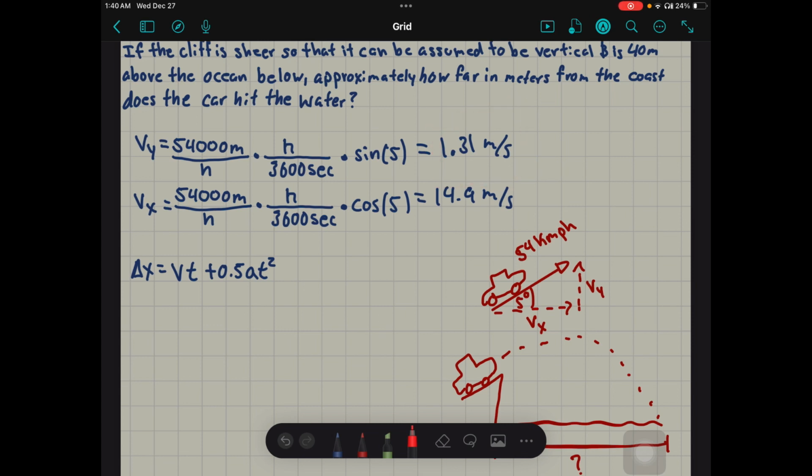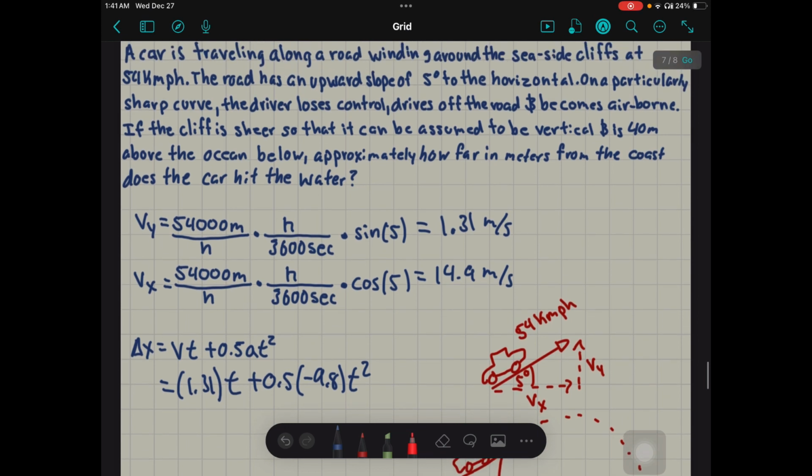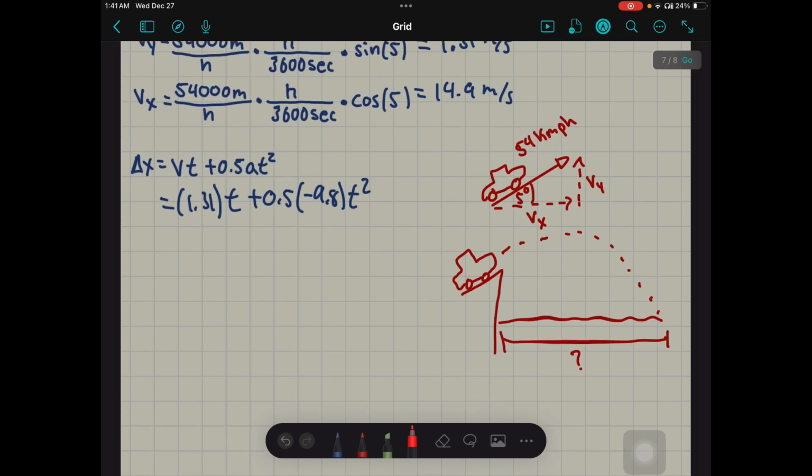I'm going to go ahead and set this equation up. 1.31 t plus 0.5 times negative 9.8 t squared. Our negative 9.8 is gravity because that's the only acceleration in the y direction. And we can set that equal to our initial distance of 40 meters because he's starting at 40 meters and then he's dropping all the way down to the sea floor.